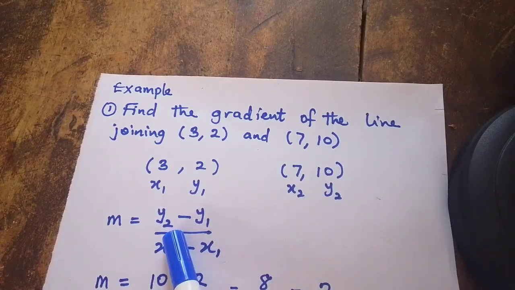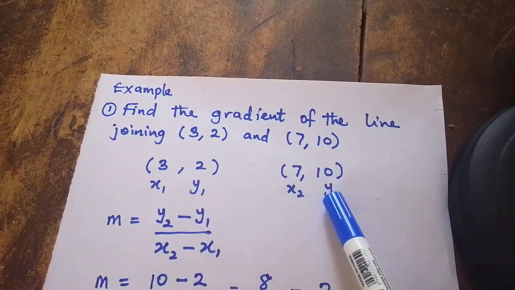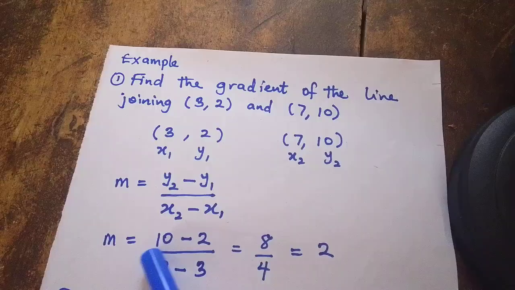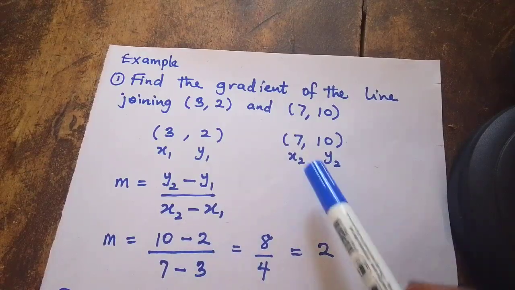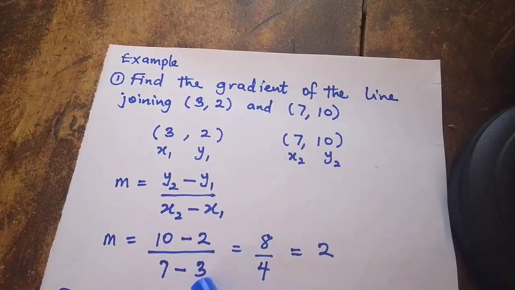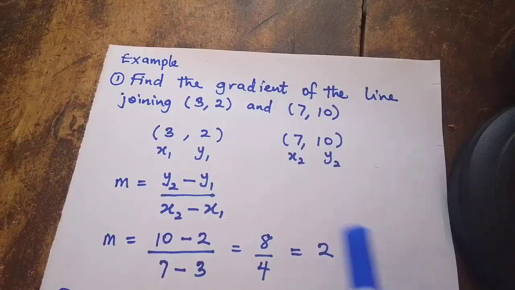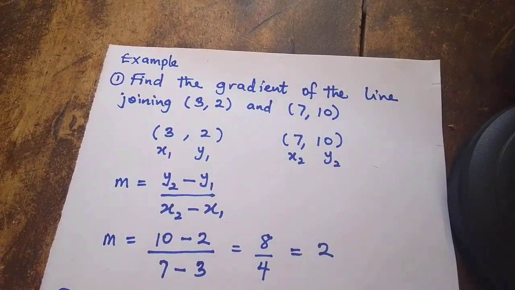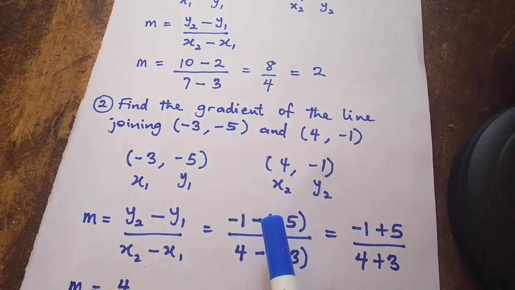Our y2 is 10, and y1 is 2, over x2 which is 7 minus x1 which is 3. 10 minus 2 will give us 8. 7 minus 3 will give us 4. 8 divided by 4 is 2. So the gradient of the line joining these 2 points is 2.